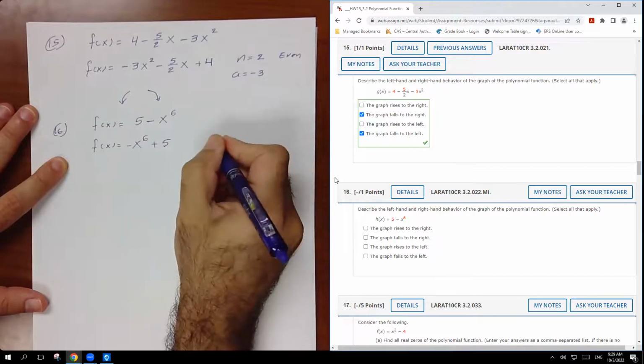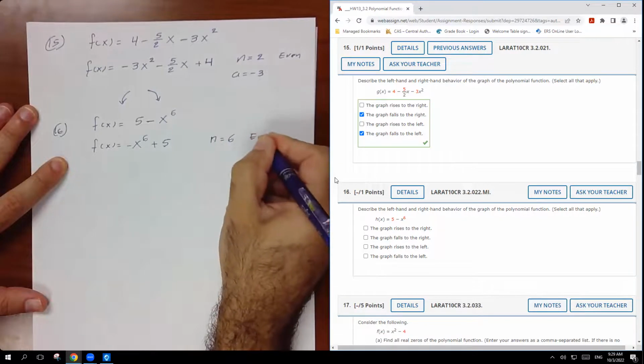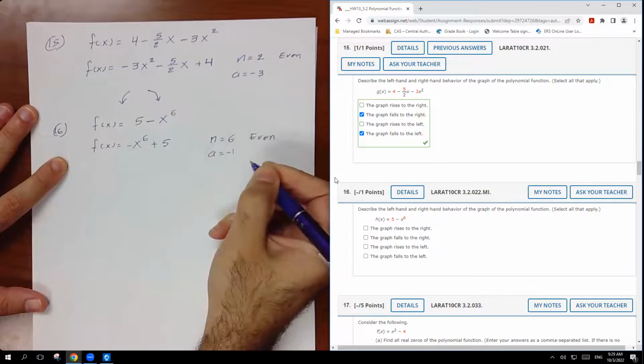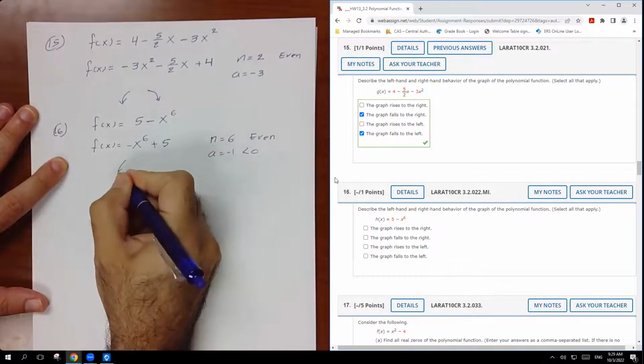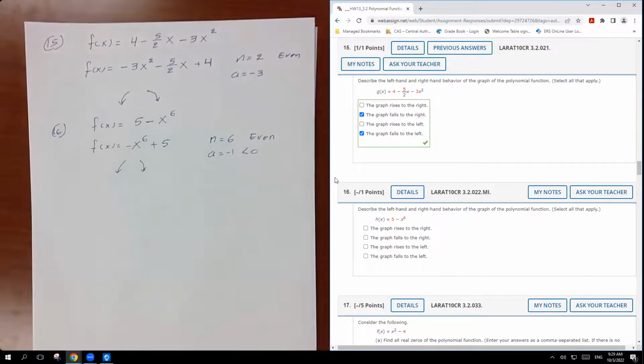So now n is 6, which is even, and a is negative 1, which is less than 0. So the graph is also falling down from both sides. So it falls to the right and falls to the left.